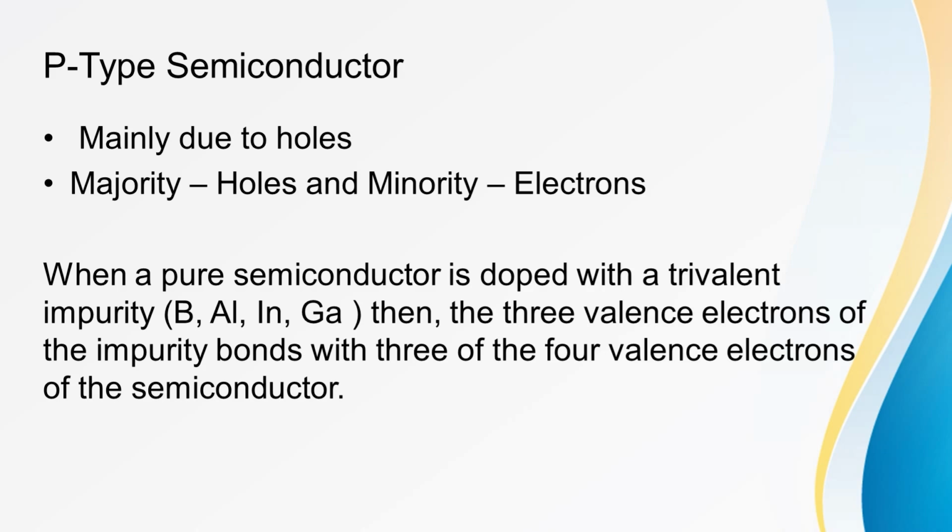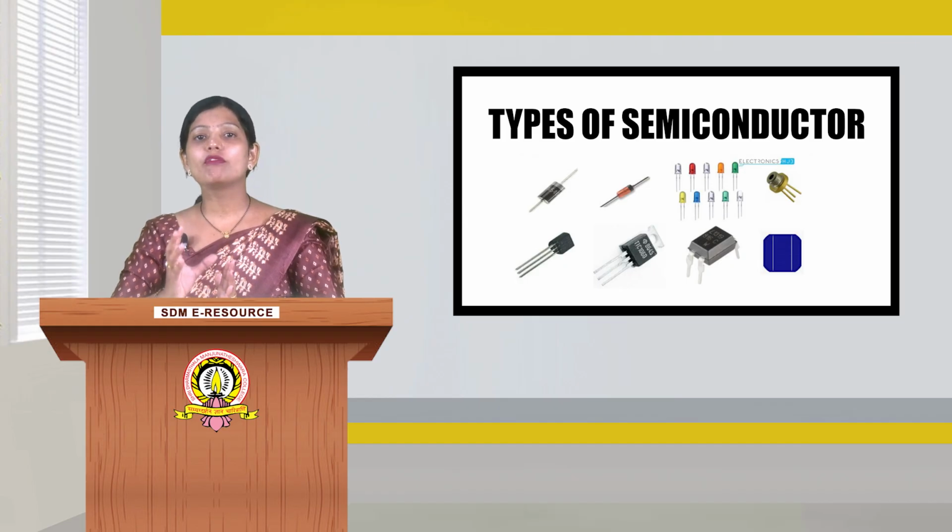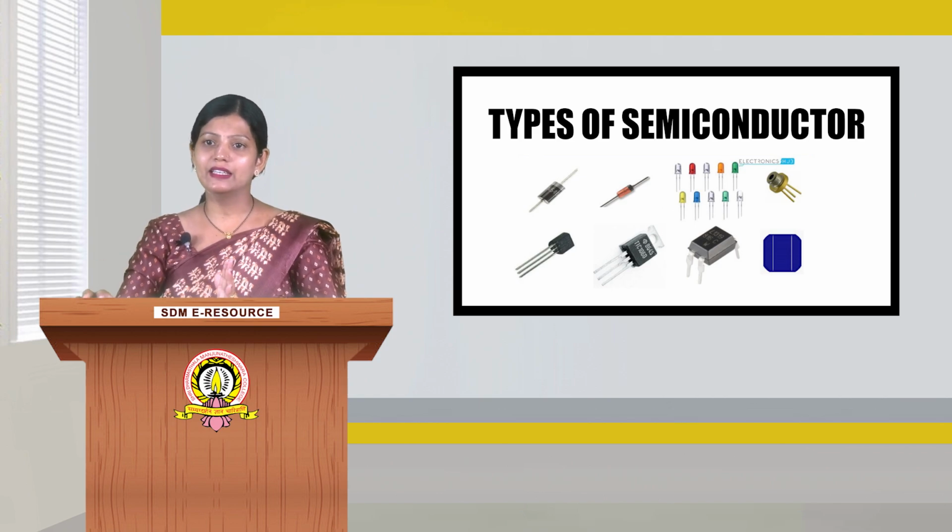Here we can see that the trivalent impurity has 3 valence electrons in its outermost orbit. These 3 electrons are bonded with 3 electrons of the silicon, while one vacant space is left.